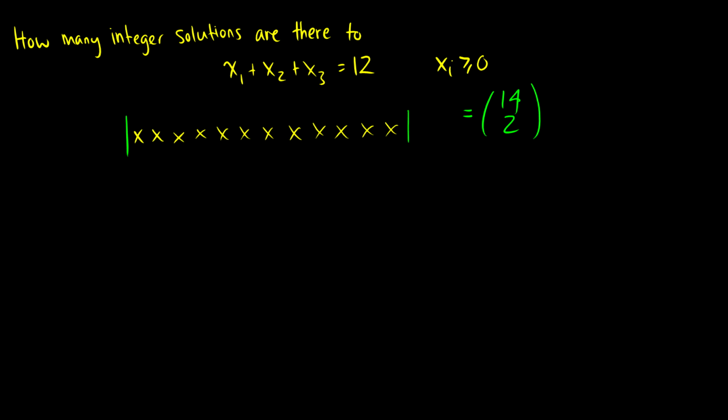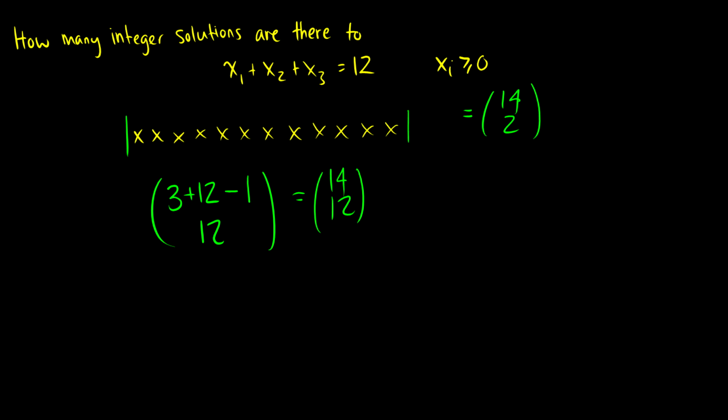There's another way to look at this, and that would be that we have 3 bins plus 12 objects. We subtract 1 from the amount of bins we have, and we choose 12 of them. So this is the same thing. This is 14 choose 12, which is the same thing as 14 choose 2.